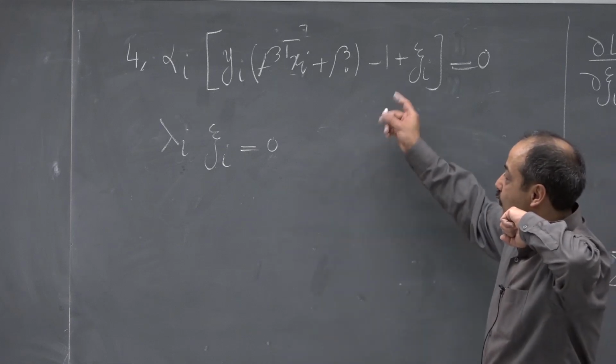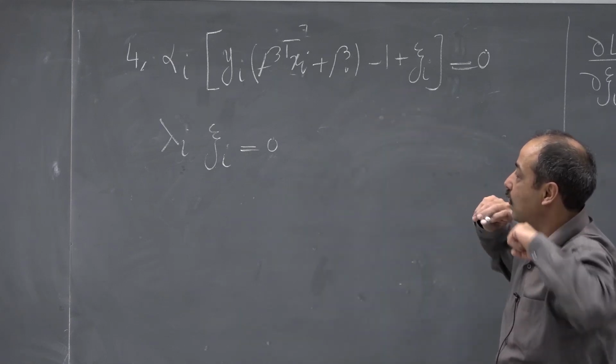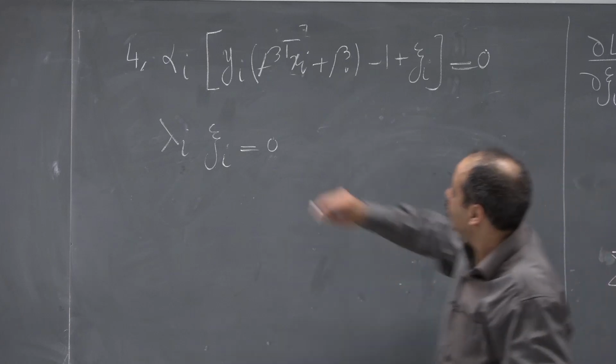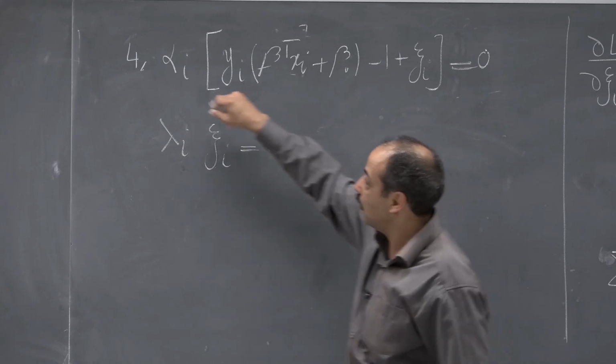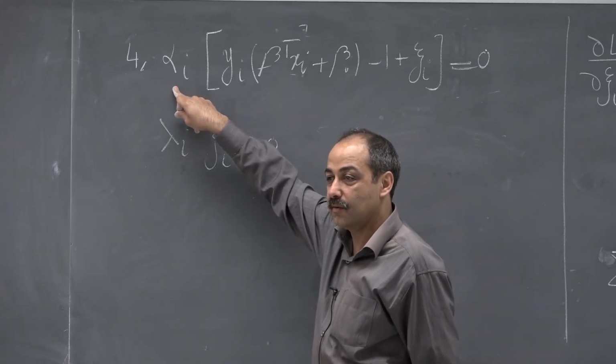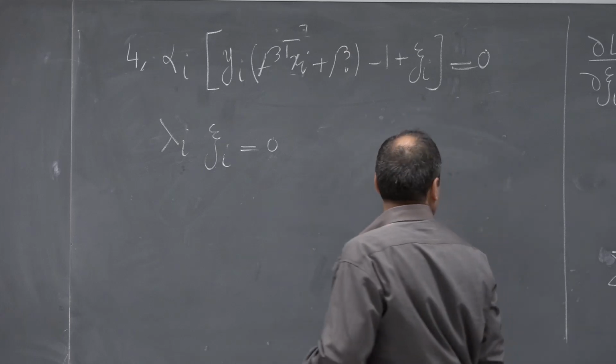So let's look at these two conditions now and see what they mean in terms of the value of alpha. If alpha is 0, I can't say anything about this. But if alpha is greater than 0, then this should be 0, right?